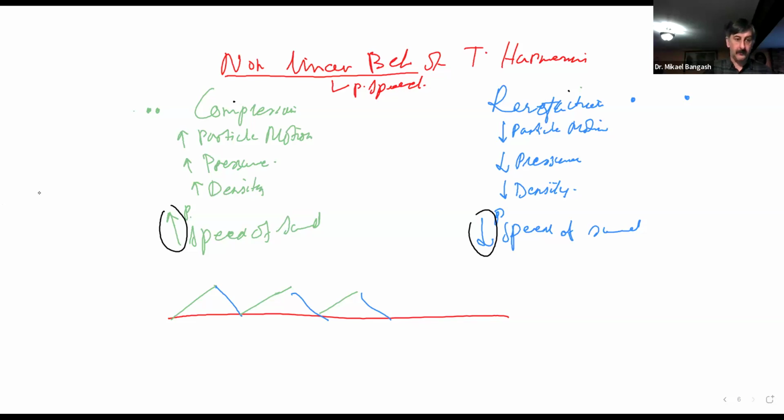What I briefly mentioned when we talked about compression and rarefaction is that during compression, the sound wave will have greater power, and due to that greater power, greater intensity and amplitude, which are lower during rarefaction.